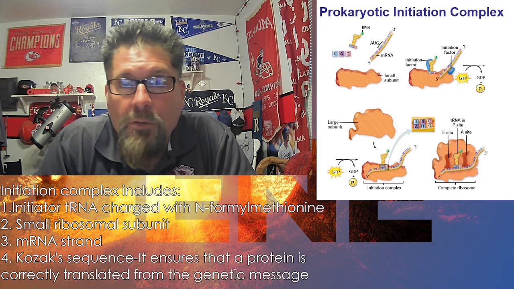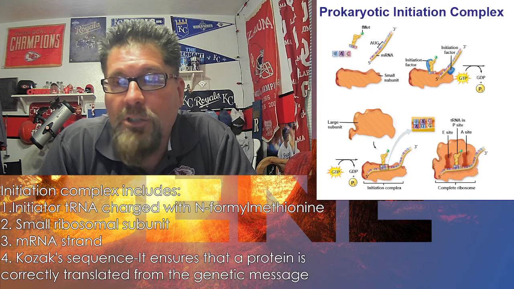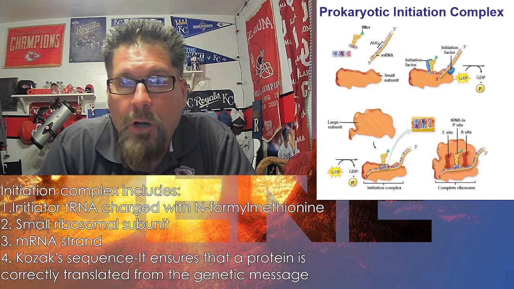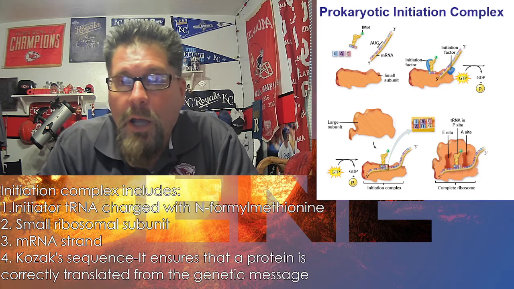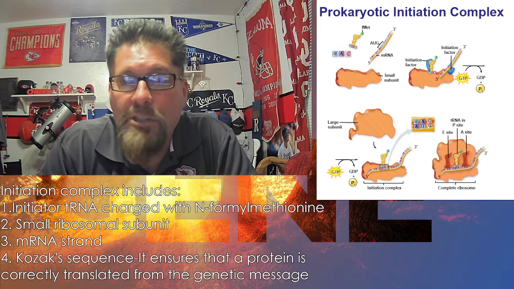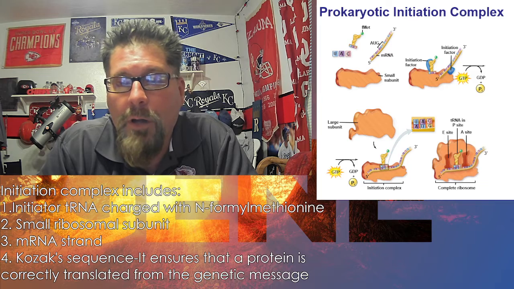Along with that initial tRNA molecule, there's the small subunit, which is the bottom part, and then of course the mRNA strand, which is going to be red, and then something called the Kozak sequence, which isn't in your diagram.